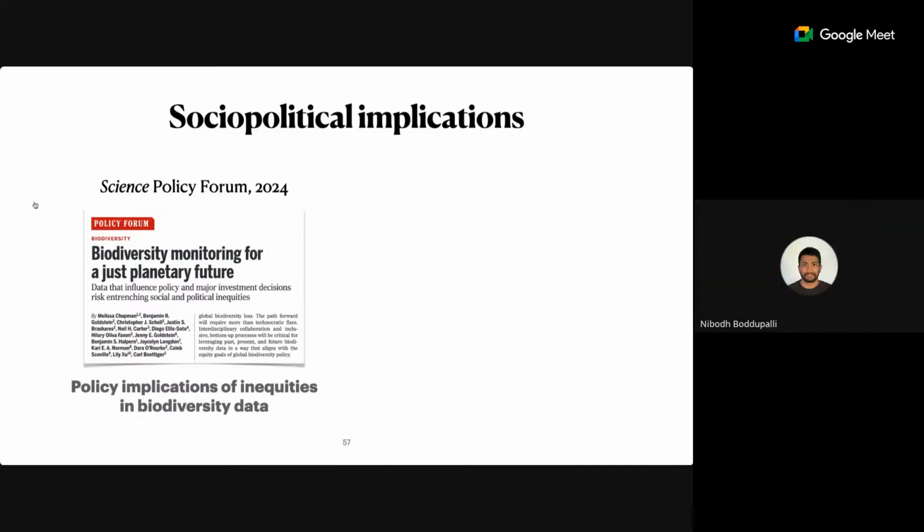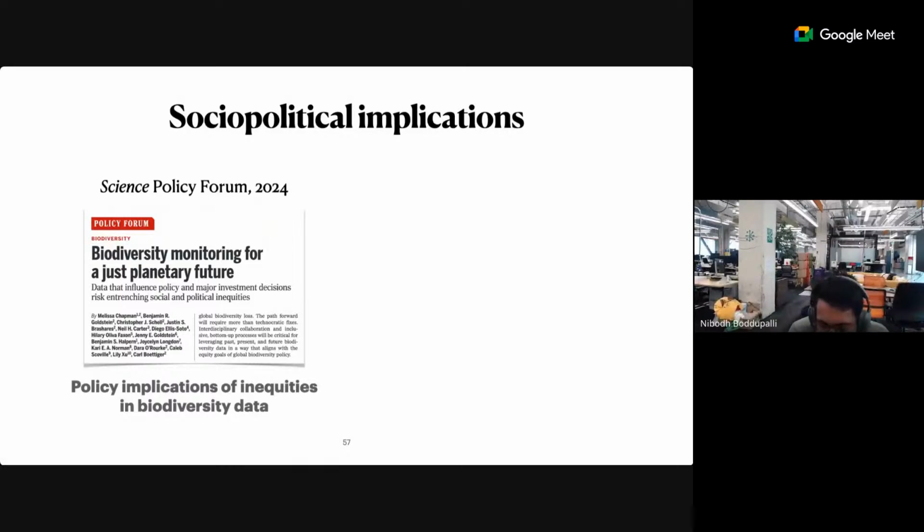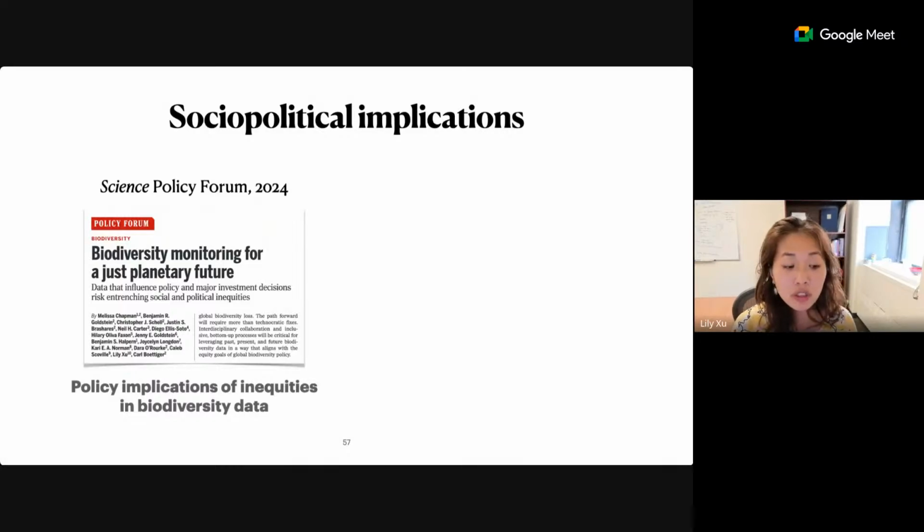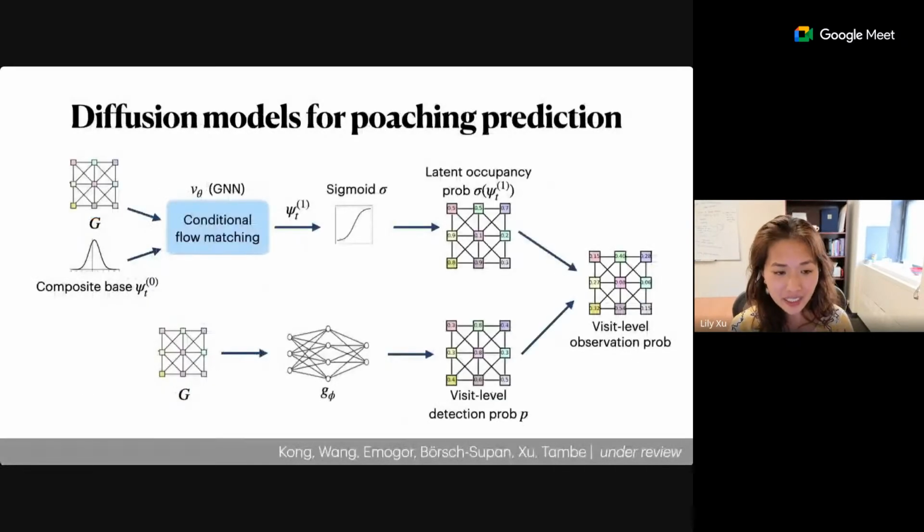Hi, Lily. Question. I don't think you mentioned looking at an MDP earlier. Was that also for predicting probability of poaching, like the diffusion model? So the diffusion model is moving back to the static context.